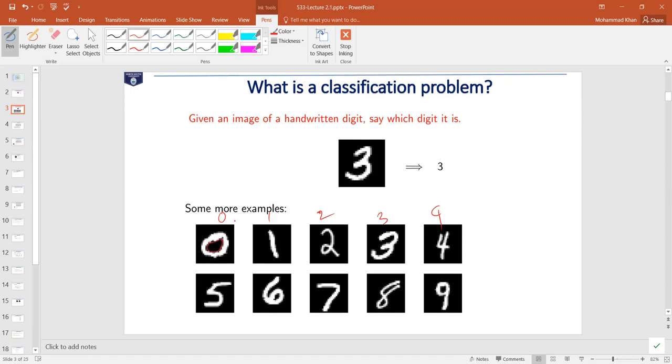But if we can define the shape inside 0, and that is flexible enough, then we will be able to use that concept to detect 0 in handwritten digits. People tried that for many years, but failed because there is so much variability in people's handwriting that if we want to list them all, it will be like writing lots of rules and then maintaining lots of rules, and still new rules will come up again and again. So that's why we need something from statistics, not something we can define with algorithms.